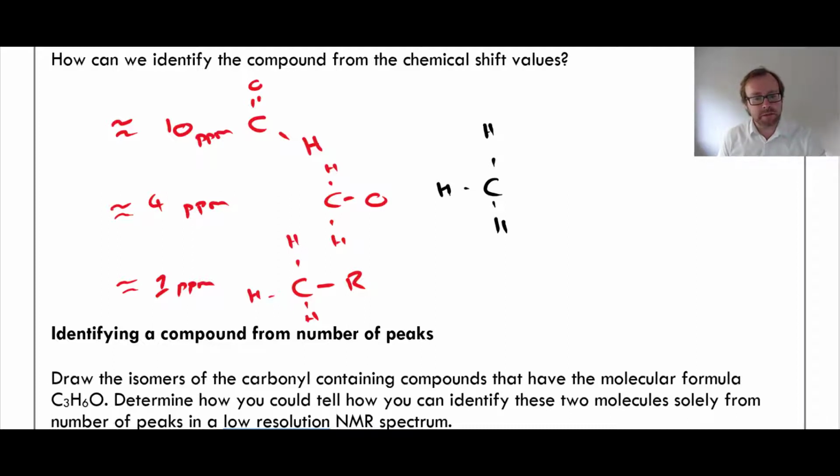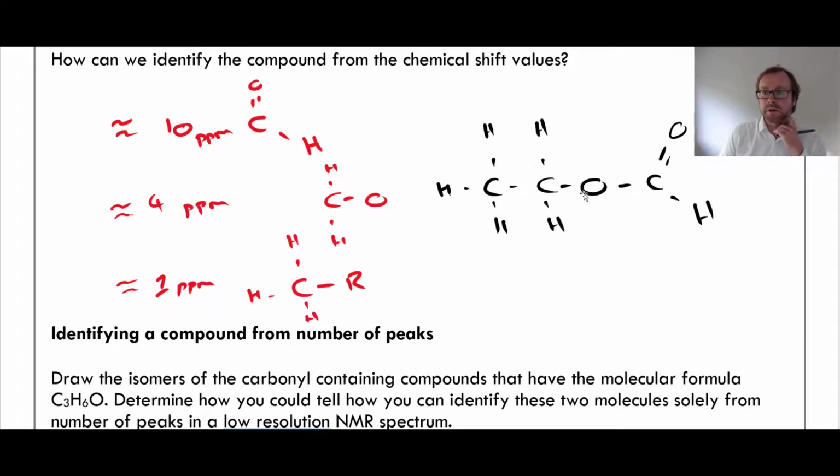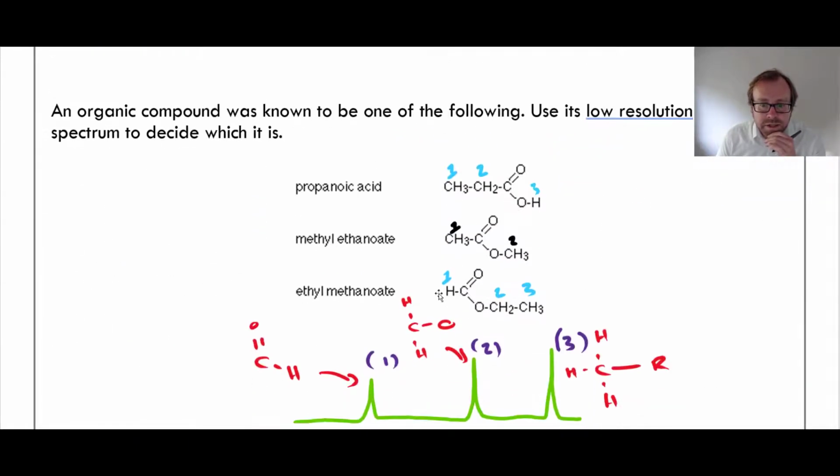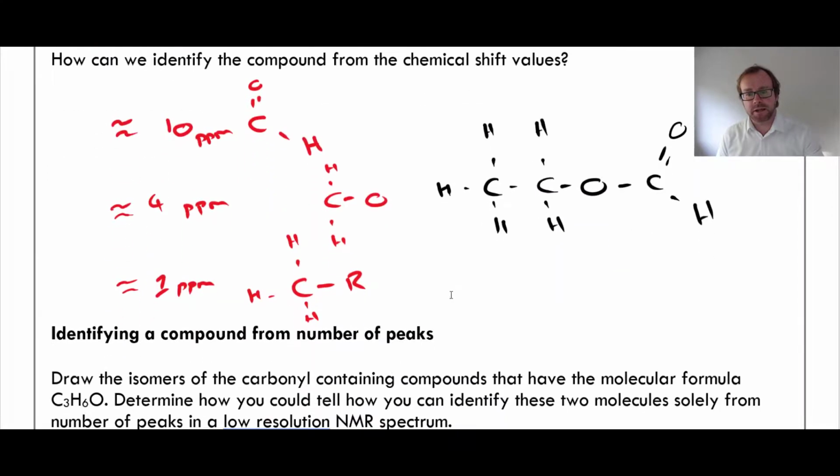Now I know this R group is an R group, so it's got to be attached to a carbon with hydrogen, so it will be this one next to my oxygen, and finally at the end I would have my C double bond OH. So if I go back up, let's see if this has worked. Yes, it has, so this must be ethyl methanoate.